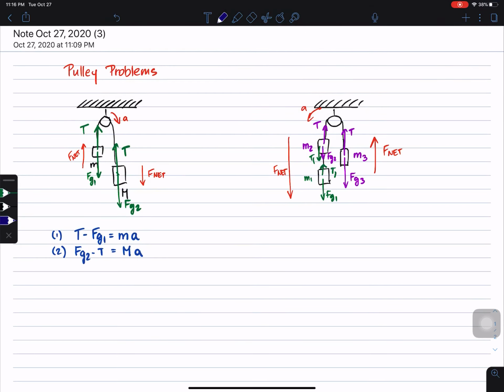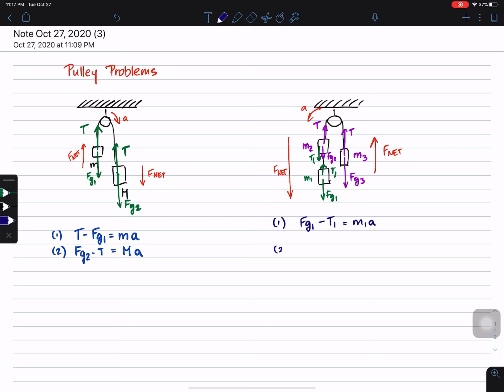For object 1, which is the bottom one here, if it's moving down, that means Fg1 has to be bigger than what is opposing it. And what is opposing it is the tension T1. And I believe that's it. There's no other opposition. And that would equal M1A.